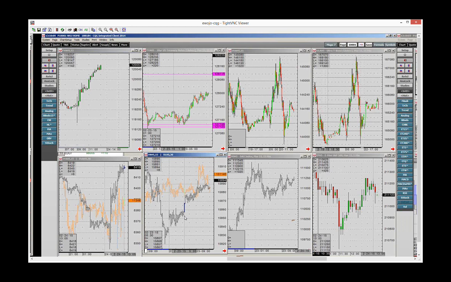That's a very helpless feeling if you're just purely mechanical with your exits. You could have an idea where you want to get out, and you could put in a stop, but you don't want that to be just the end all of where you're out. You got to let real-time information be analyzed because you're trading. You're not holding.